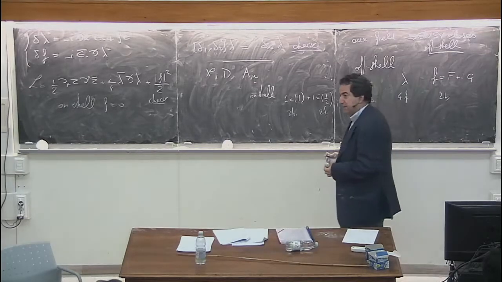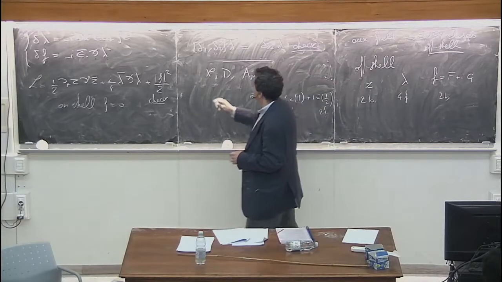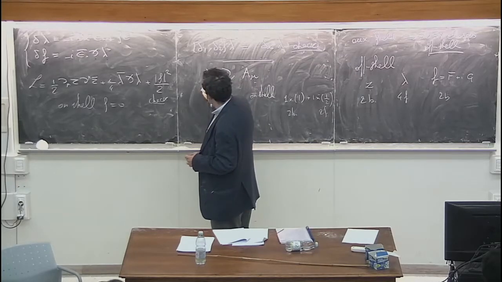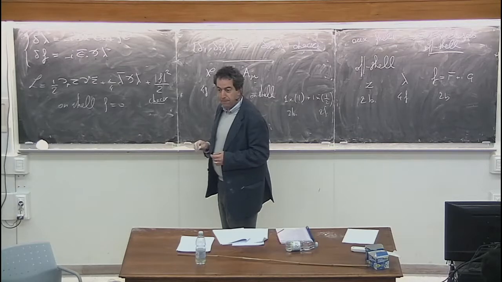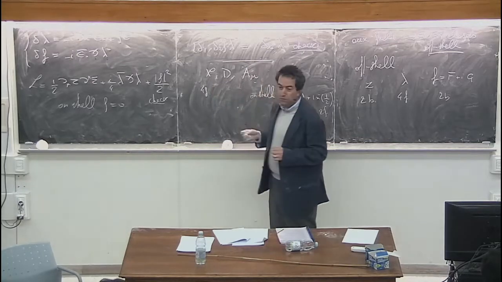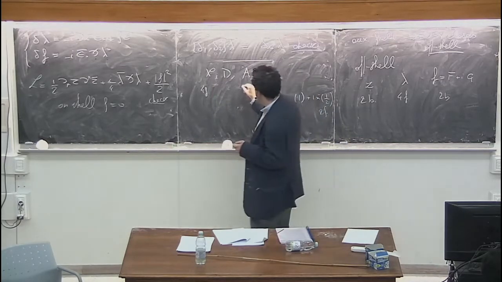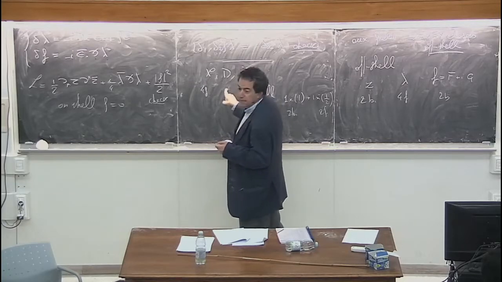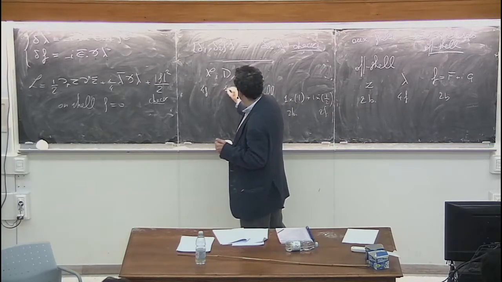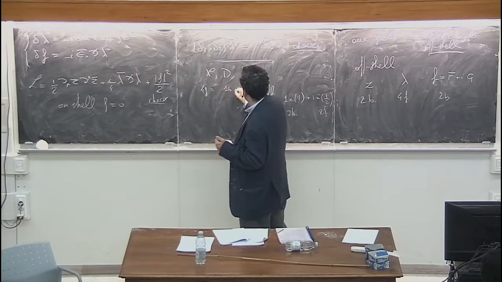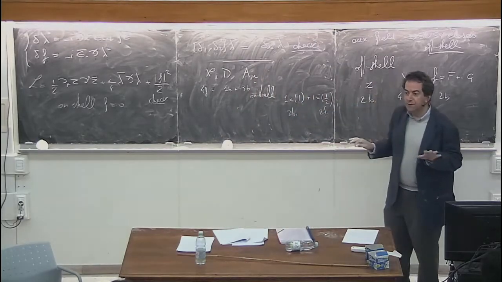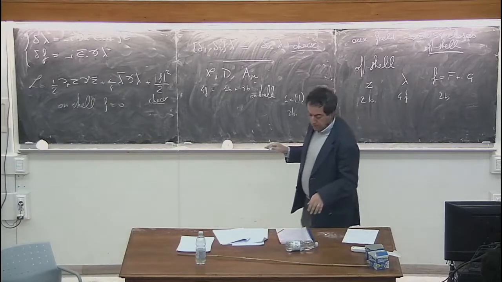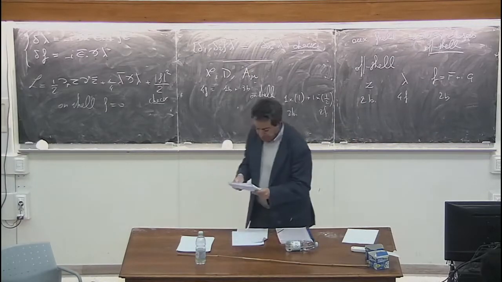How many auxiliary fields do we need? Well, off shell we have 4 fermionic degrees of freedom, but off shell, remember, A mu has 3 bosonic, then we need 1 real scalar. Then we have the matching of bosonic and fermionic degrees of freedom off shell, right?